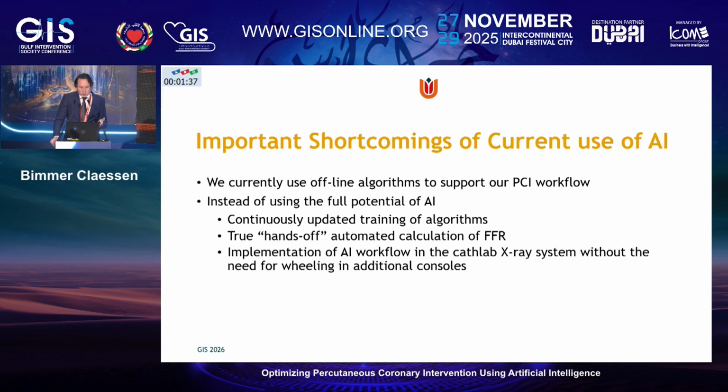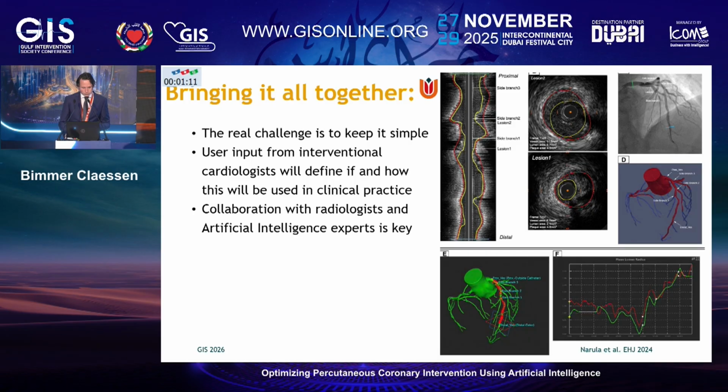And that means continuously updated training of algorithms, true hands-off automated calculation of FFR, but most importantly, the implementation of the AI workflow into the cath lab X-ray system without the need for wheeling in additional consoles. All these different companies make all these different proprietary products that then need some license and some additional computer, which is a real barrier to its uptake in our clinical practice.